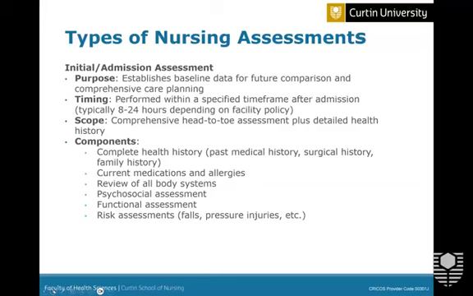It's a comprehensive head-to-toe assessment plus a detailed health history, so often we're looking at that complete health history, which includes medical history, surgical history, family history, current medications and allergies, review of all body systems, psychosocial assessment, functional assessment, and then risk assessments. And those risk assessments are going to be detailed in terms of what that person needs.